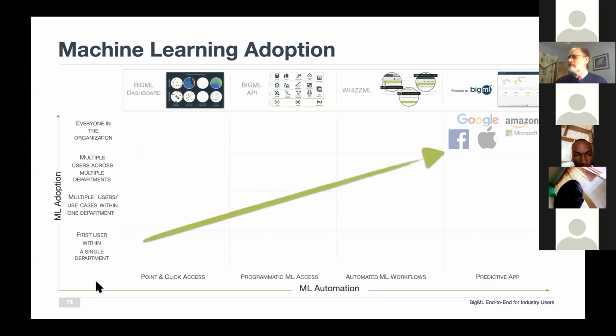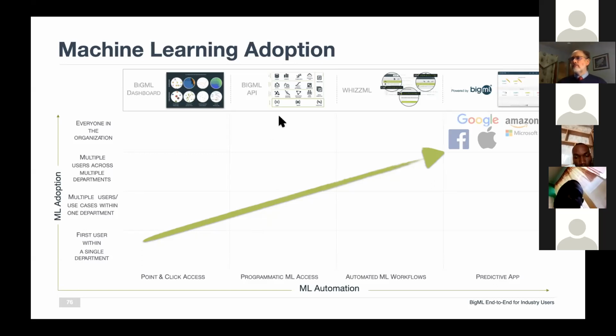But everything starts by using probably point and click access, as you have seen in the dashboard, maybe starting from a user in a department and then growing into multiple users in one department, maybe multiple users in multiple departments, and then reaching everyone in the organization.